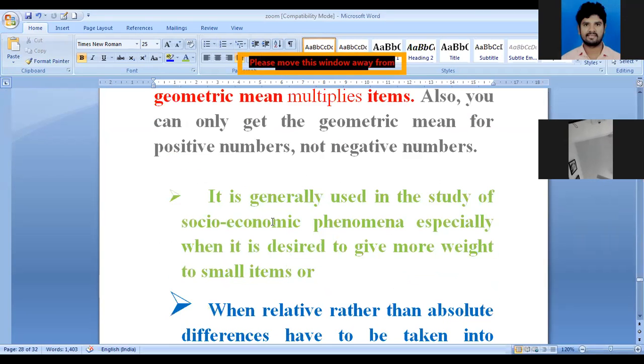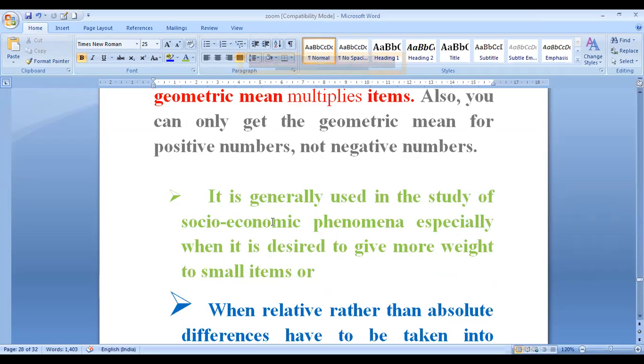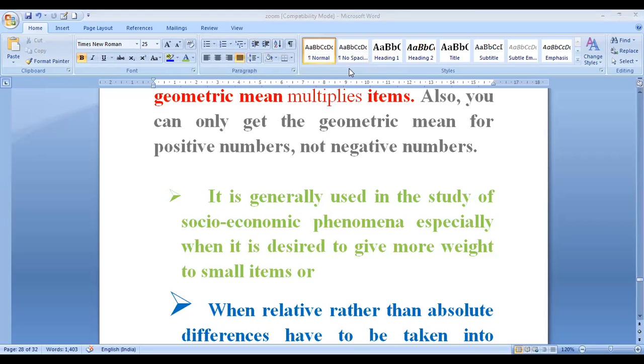And where can it be applied? We discussed that the geometric mean is applied to find the growth rate of population and interest rates. In general research applications, the geometric mean is used in the study of socio-economic phenomena, especially when it is desired to give more weight to the small items. When calculating socio-economic factors, some variables have less weight.